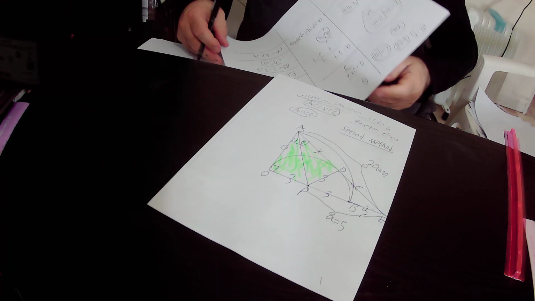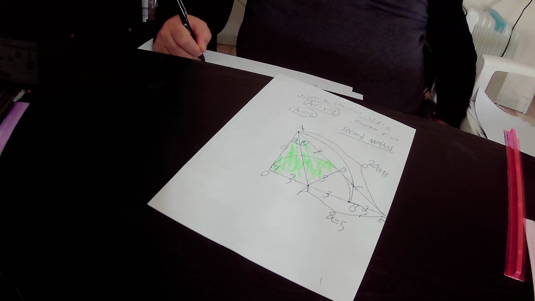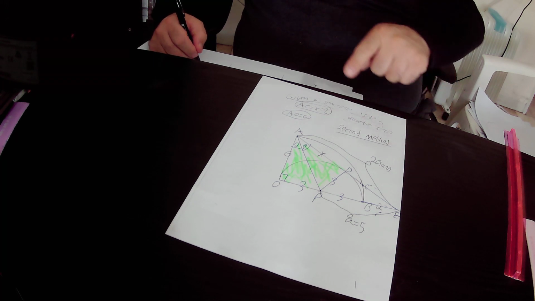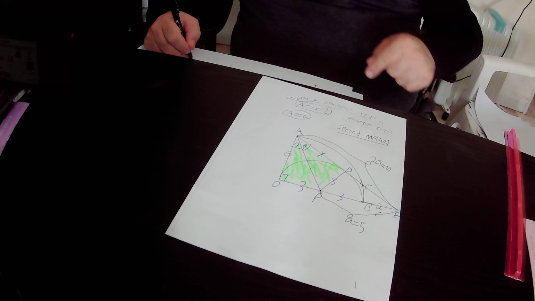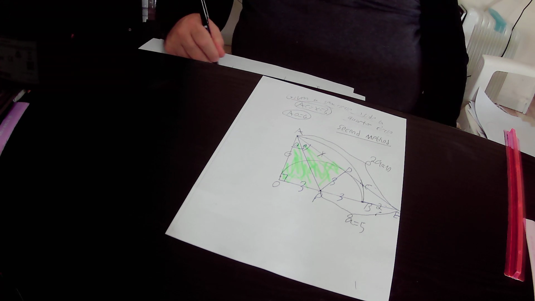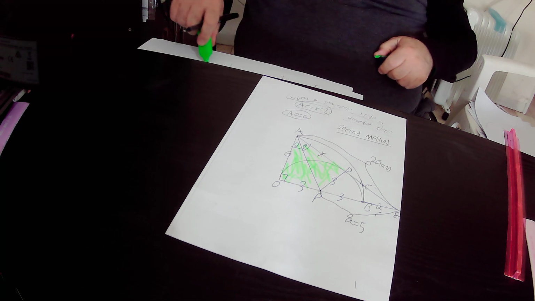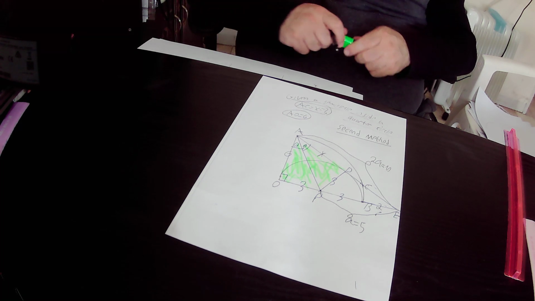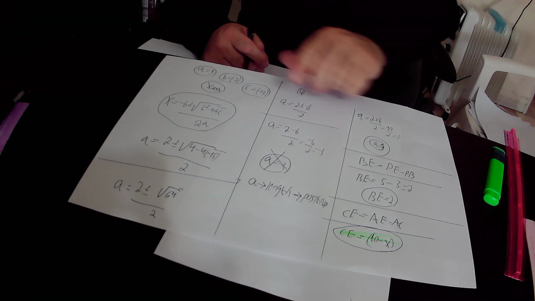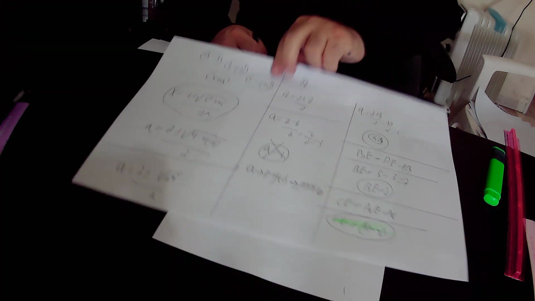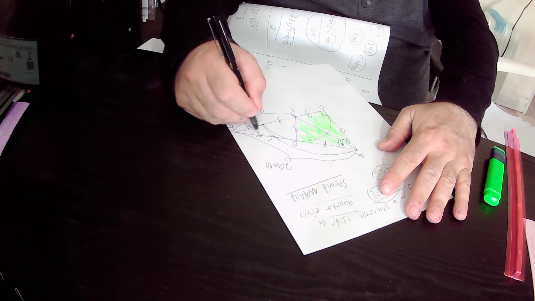So CE equals AE, that is 10 units, minus AC, that is equal to x according to what is given in the question. So in conclusion, CE equals 10 minus x.